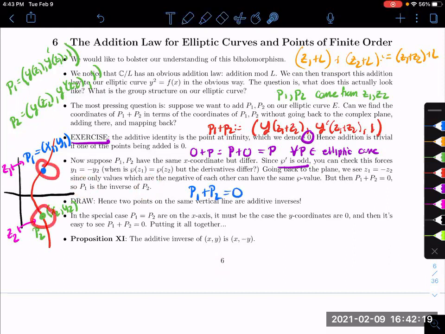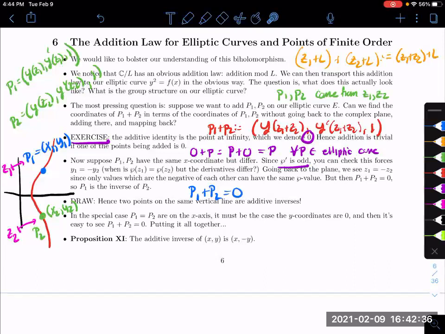That's just in this setup though. But we're slowly building this addition law, okay? So what I wrote here, a good concise way of thinking about it is 2 points on the same vertical line are additive inverses, okay?